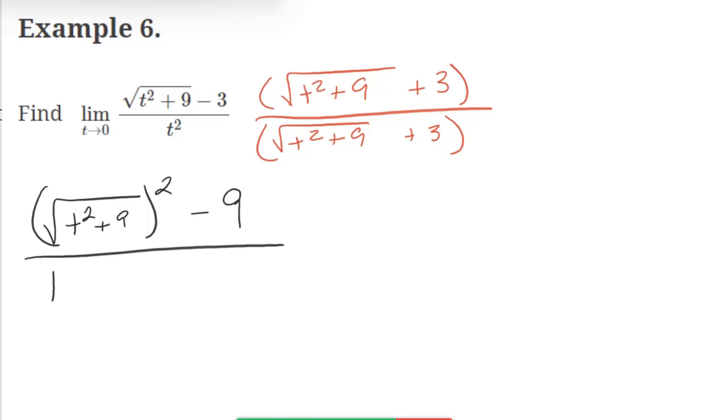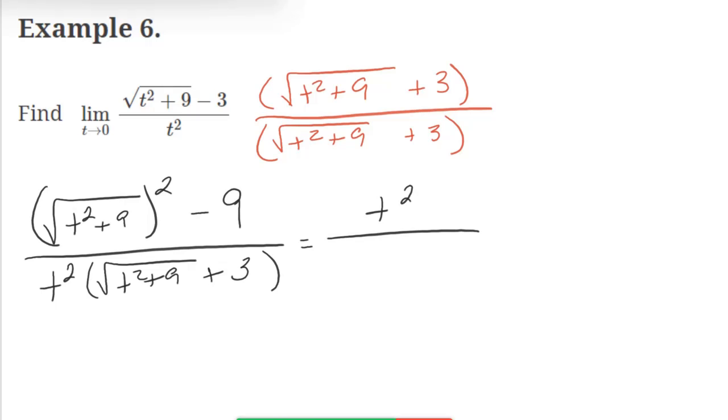And then the bottom is just t squared times the square root of t squared plus 9 plus 3. So now the square and the square root cancel each other out. So all that's left on the top is t squared.